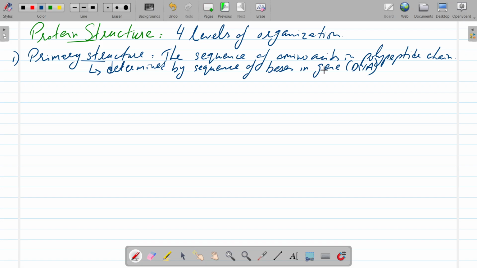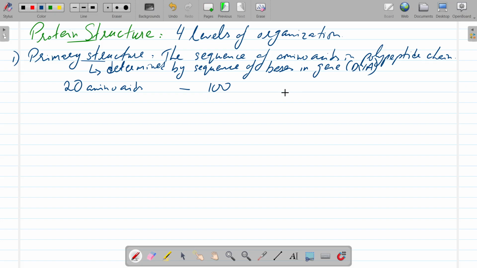You have only 20 amino acids. A polypeptide chain can be, well, we saw yesterday that insulin is an example of a very small polypeptide chain, only 51 amino acids, but in general they tend to be between 100 or a few hundreds, up to 1,000. So even with a chain of 100, the sequence can be different.